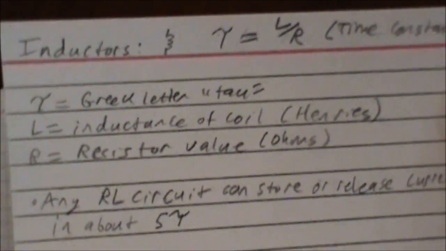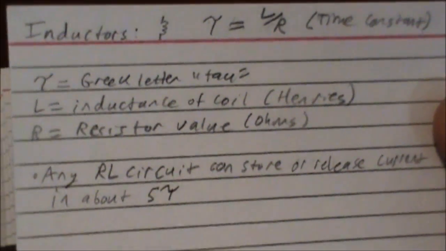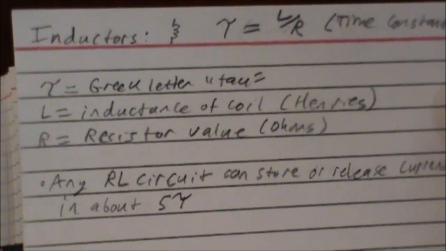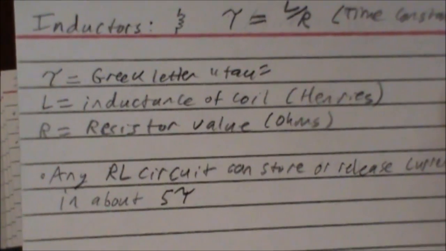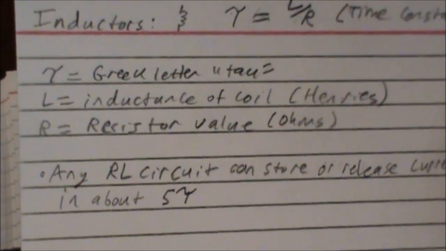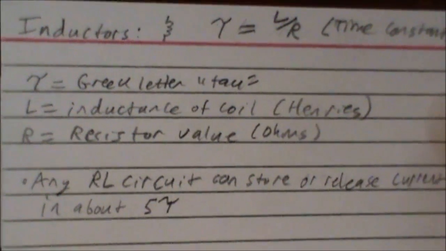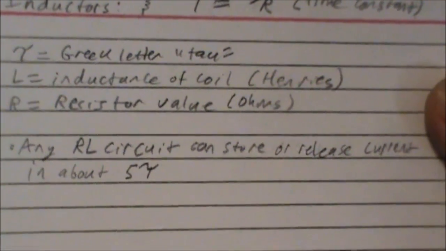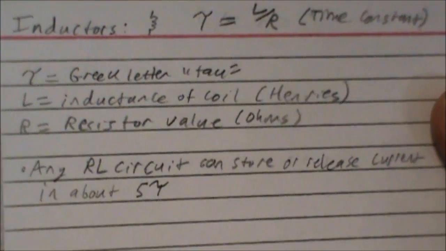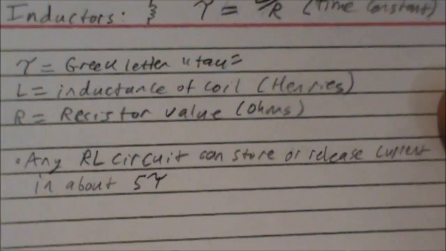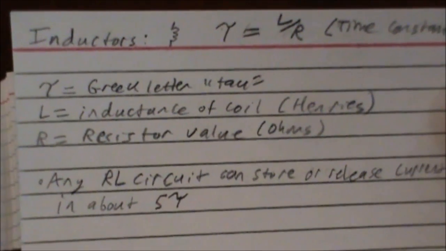Here's a little bit more about that time constant, if it wasn't clear earlier. Tau, the L over R. It is a Greek letter, as I mentioned. L is the inductance of your coil in Henries. R is your resistor value in ohms. So any RL circuit, meaning a resistor and an inductor in a circuit, can store or release current in about 5 tau.